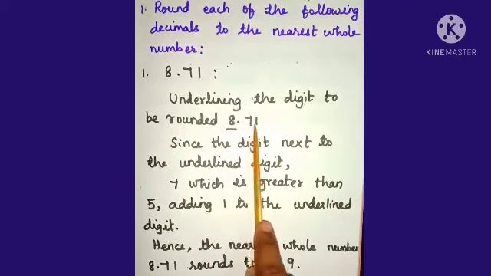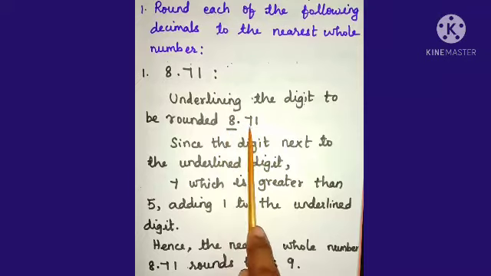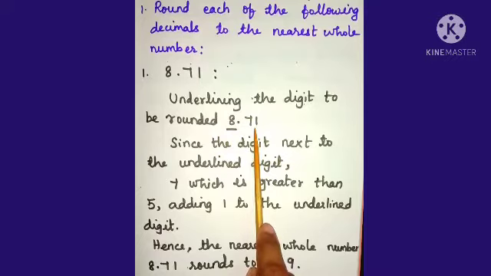So here which digit is to the right of 8? Yes, it is 7. And as our next step, find whether the number is less than 5 or greater than 5 or equal to 5. Here 7 is greater than 5. So if it is greater than 5, what do we have to do?